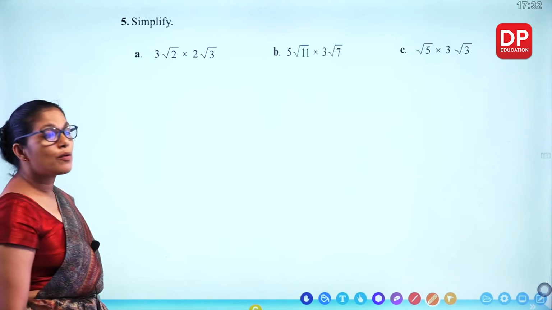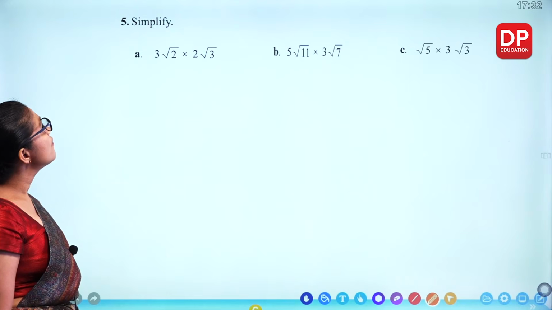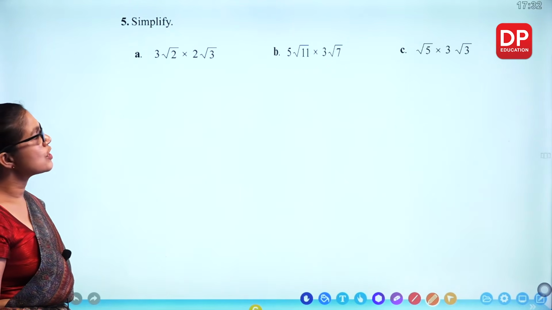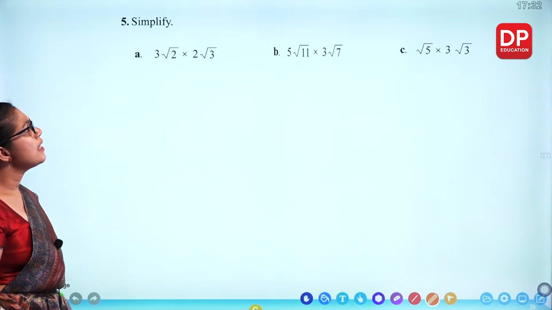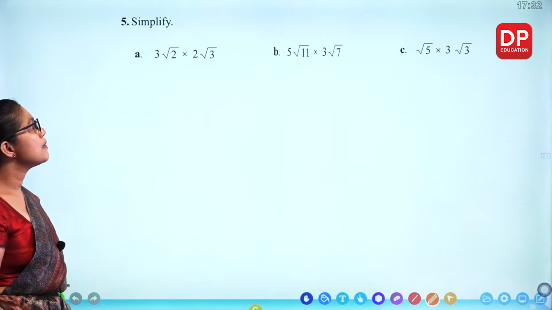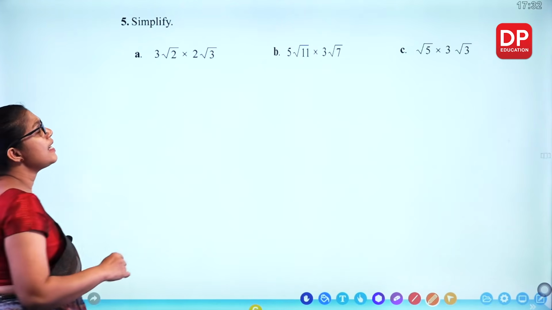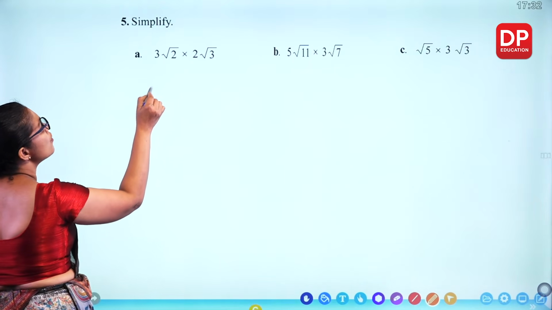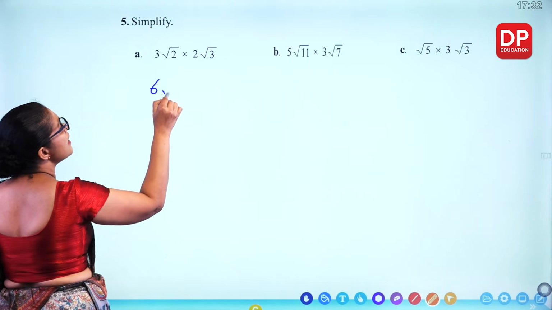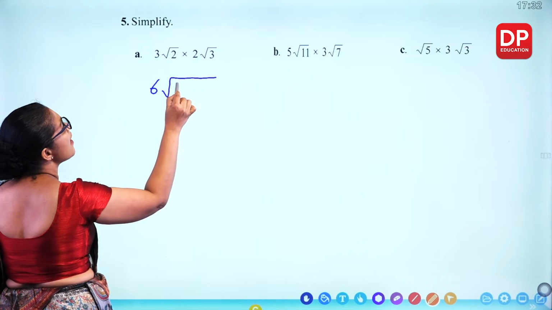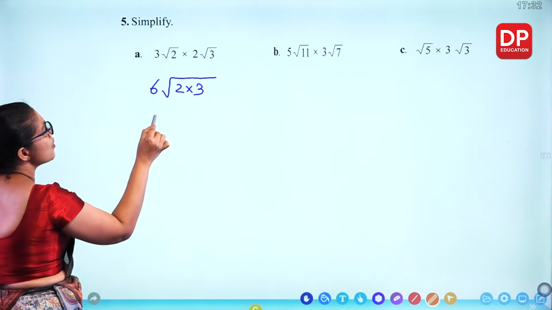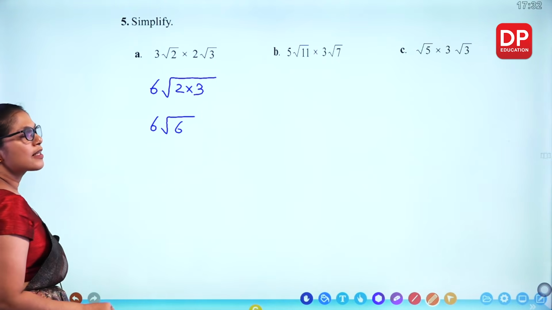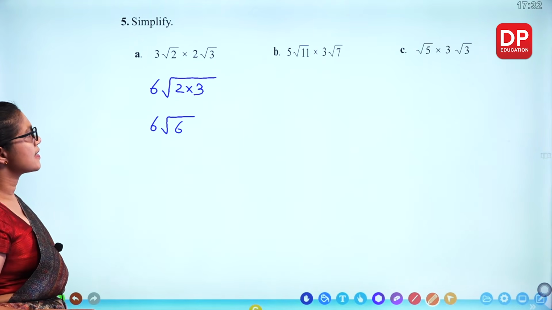Now we'll take the fifth question. In the fifth question, they asked to simplify, and you get multiplication. So how can we multiply? You can multiply the rational terms separately, irrational terms separately. So 3 times 2, I can write 6. Then inside the surd, I can write 2 times 3. So here 6 root 6, because 3 times 2, you get 6.